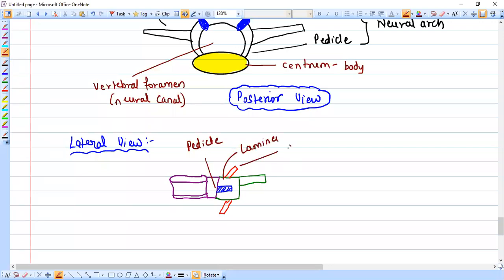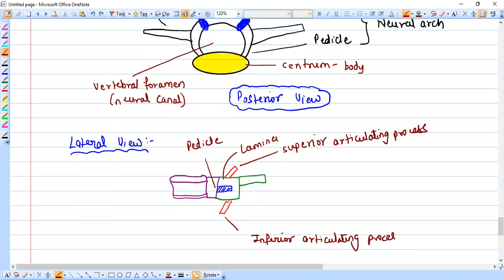Here this is the upper one, so it is called superior articulating process. And the one which is downward is called inferior articulating process.